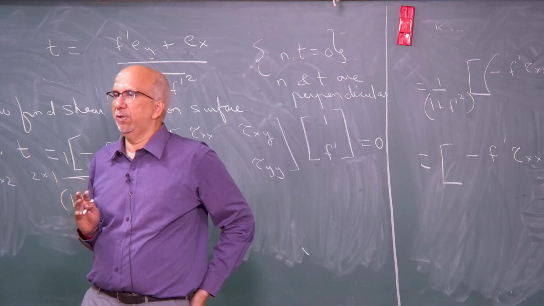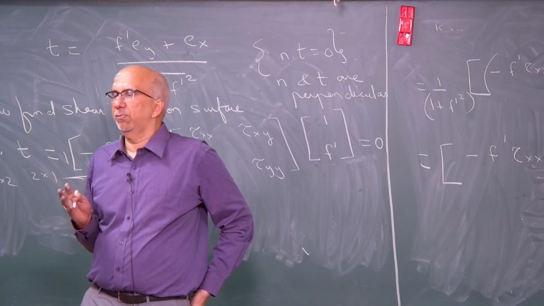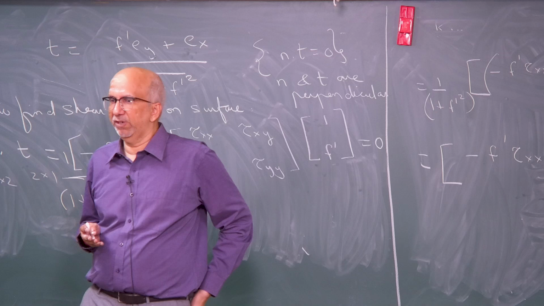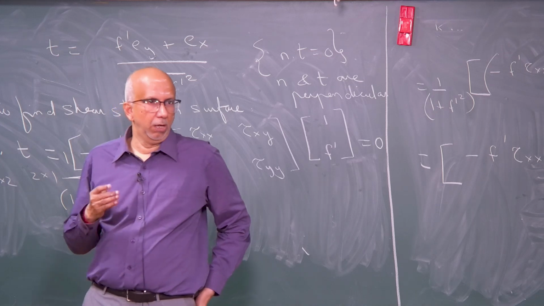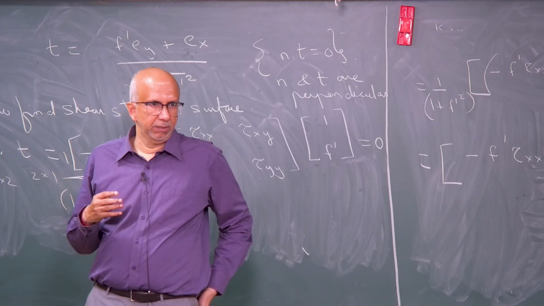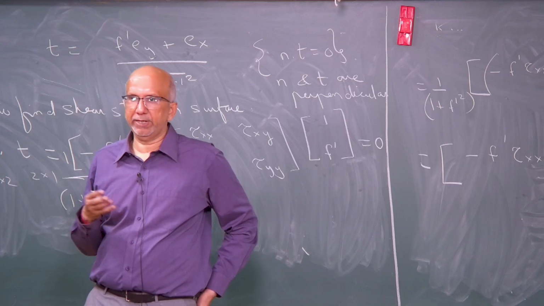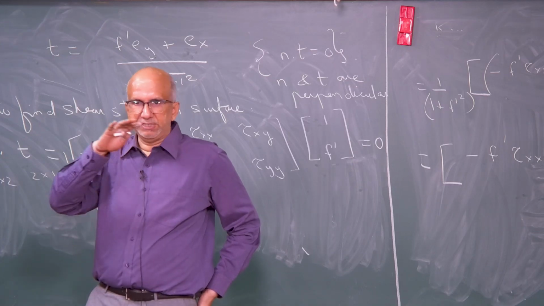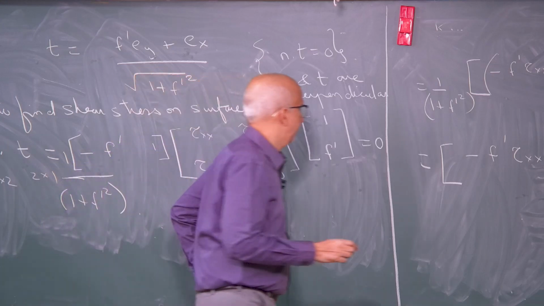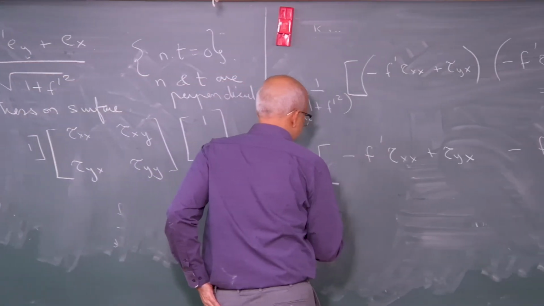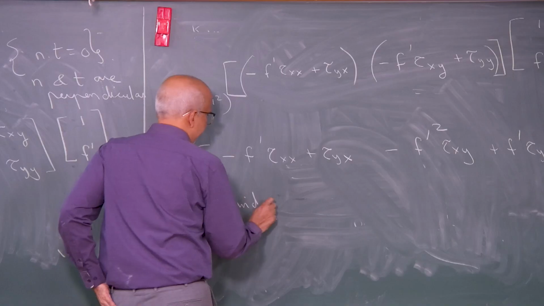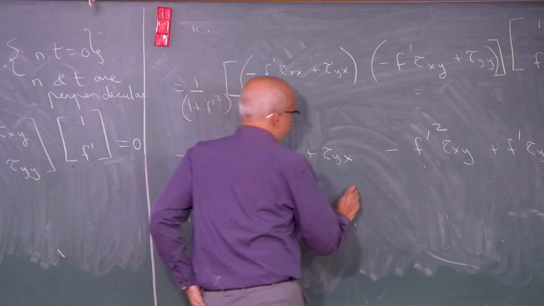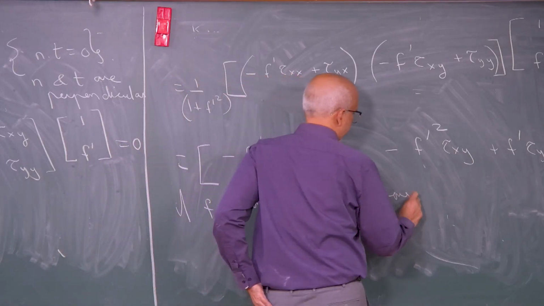How do I check that I have not made a mistake, or that it is likely that what I have done is right? I should look at some case which I already know. What case do I know? When f does not change with x. If f is independent of x, that is y is equal to constant.